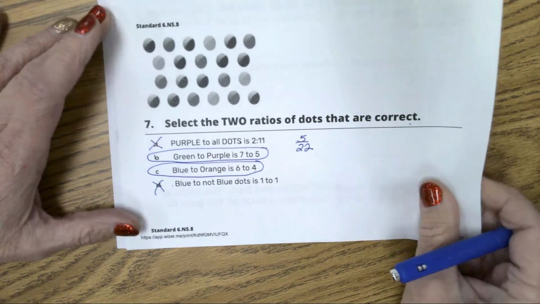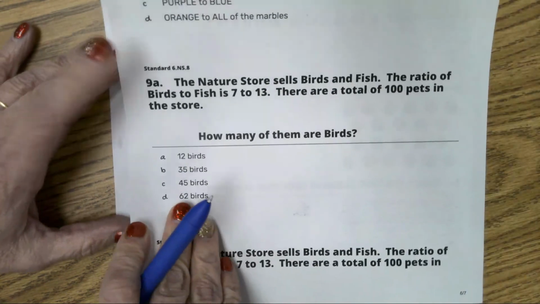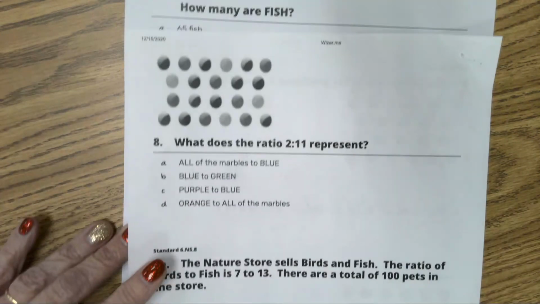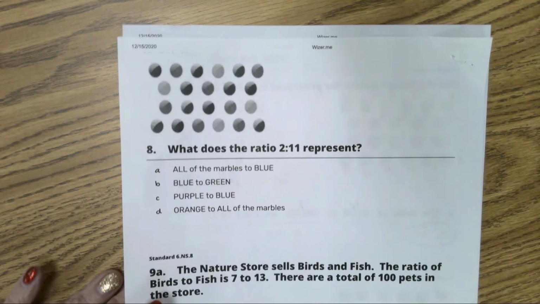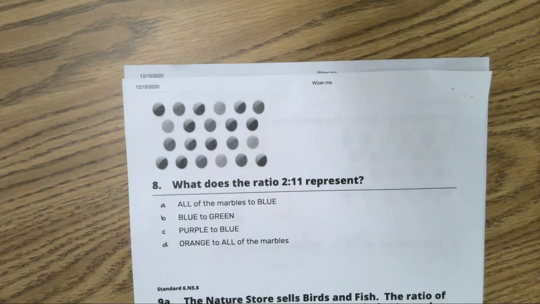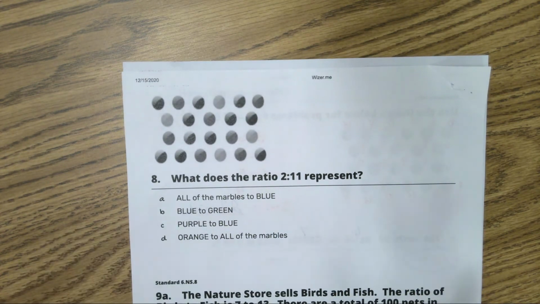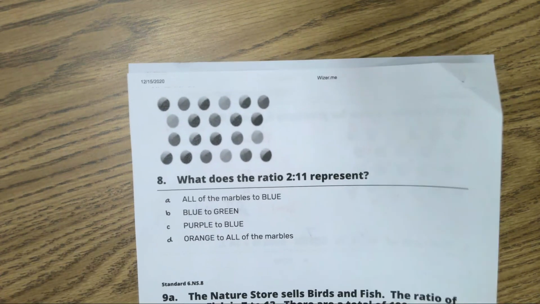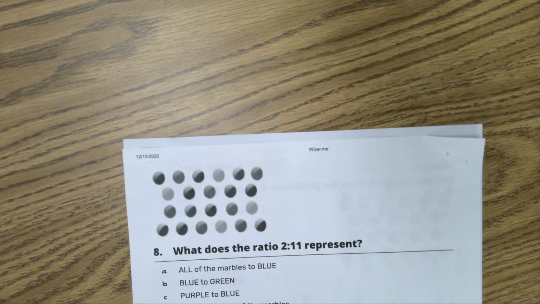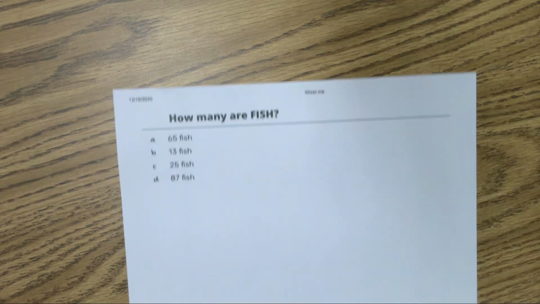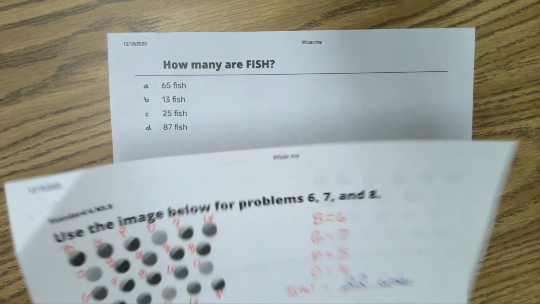Now let's go on to question number 8. What does the ratio 2 to 11 represent? Now in question number 8, we need to look to see what the color of the balls are, and I think that it is the same ratios that we had in the earlier ones.